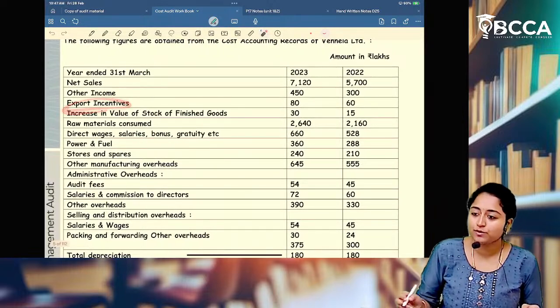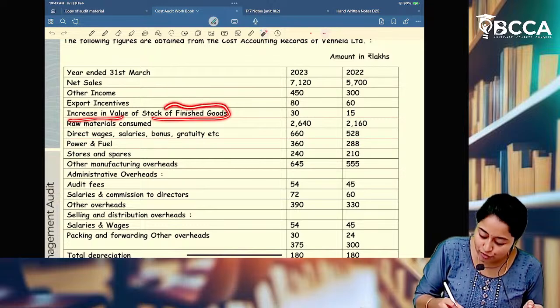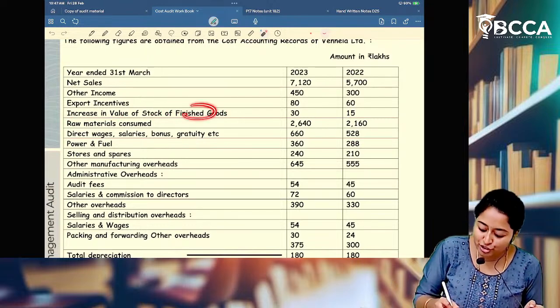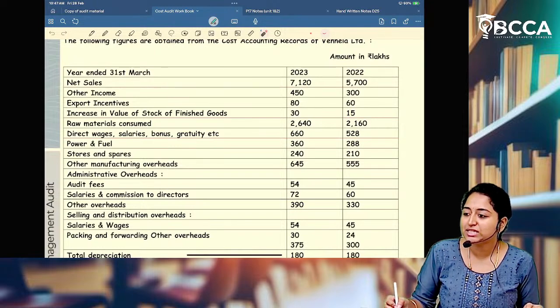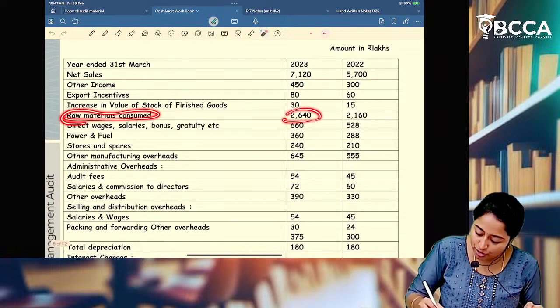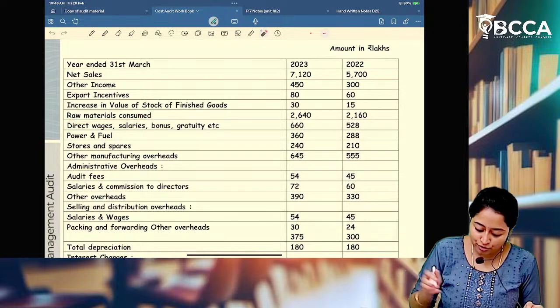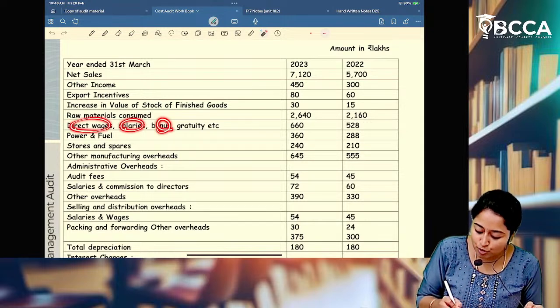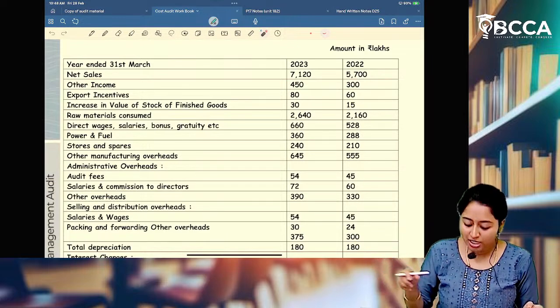Export incentives, what will you do? Add export incentives. Increase in value of stock of finished goods. So if finished goods are increasing, profit will increase. So you add or less, add to the stock. Okay. So raw materials consumed, you will take it as less cost of bought out inputs. Raw materials consumed, you will do this. Direct wages, salaries, bonus and gratuity. Where you will consider this? Earnings available for distribution.